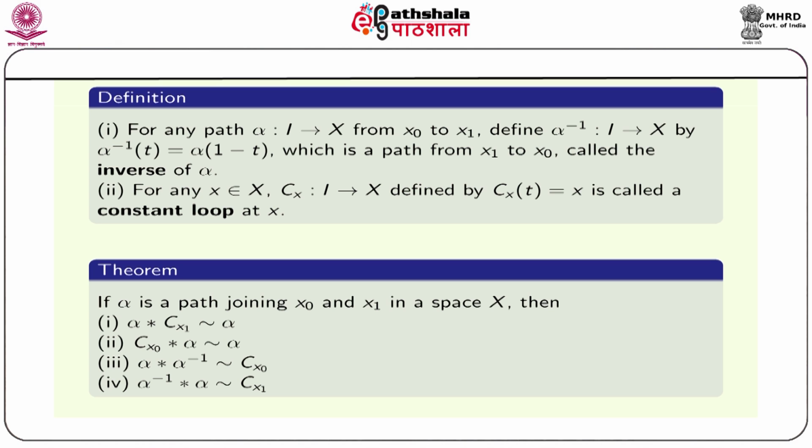So, ultimately we get a loop based at x0 when we take alpha star alpha inverse, while Cx0 is also a loop based at x0. We claim that alpha star alpha inverse is path homotopic to Cx0. Similarly, alpha inverse star alpha is path homotopic to Cx1.